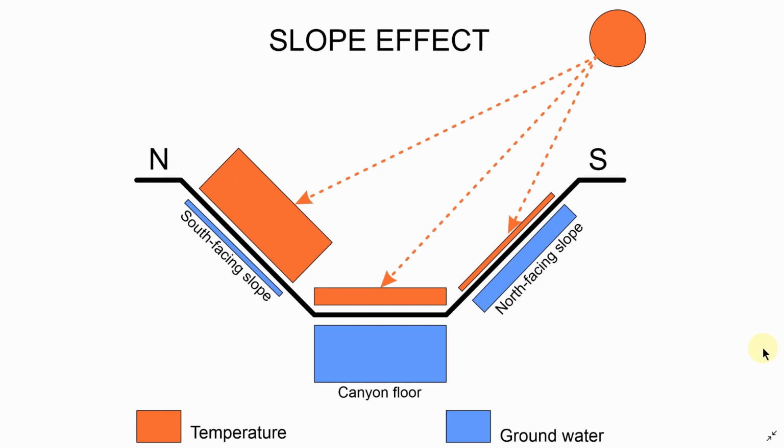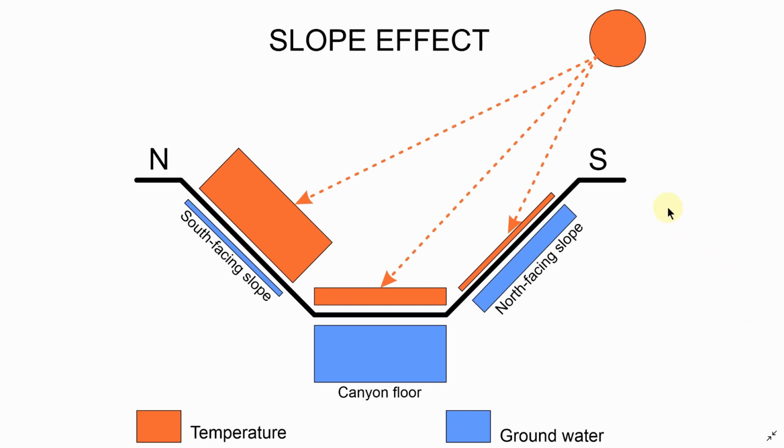So let's examine the physical components of this canyon system and see how the physical environment can be different and might help us understand why the distribution of plants also is different. So I made this diagram for you, and I want to go over this with you briefly.